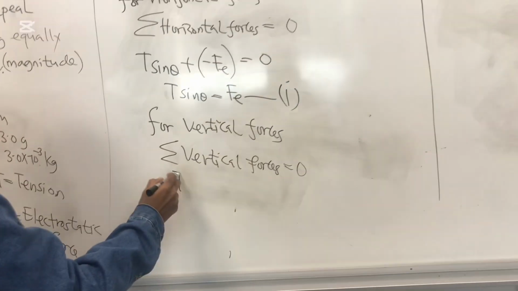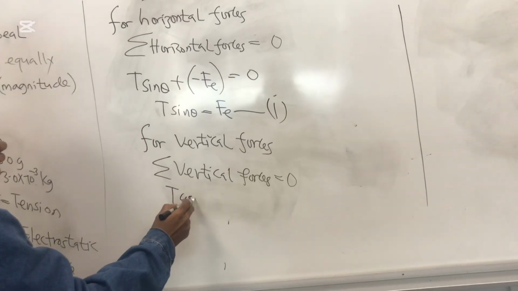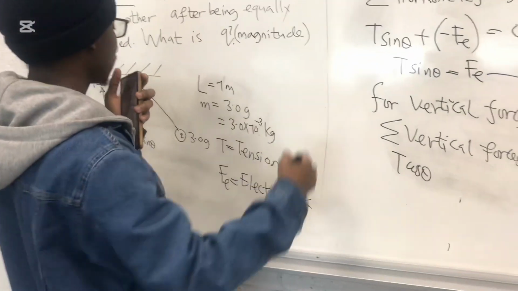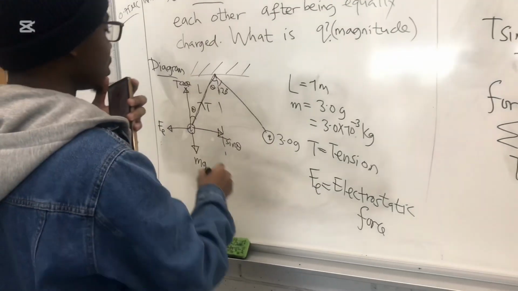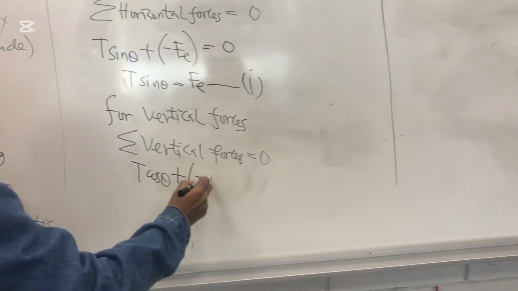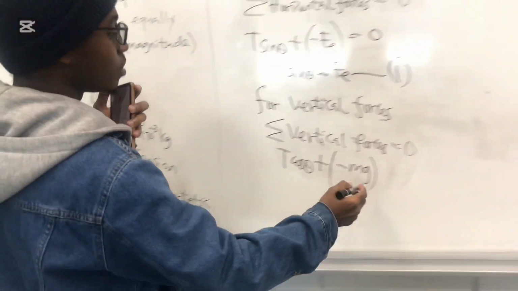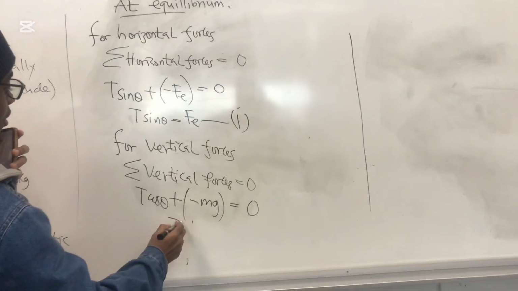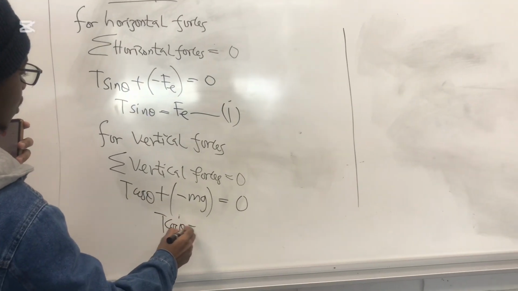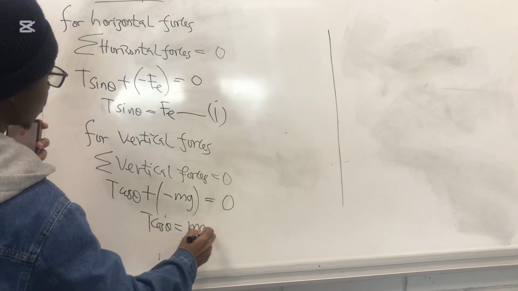So you can write the sum of vertical forces: T cosine angle theta, which is positive because it acts in the positive y direction, plus the other one, which is mg, but we write it as minus mg because it acts in the negative y direction. It will be equal to 0. So here you can see T cosine of angle theta is equal to mg. You can call this equation 2.